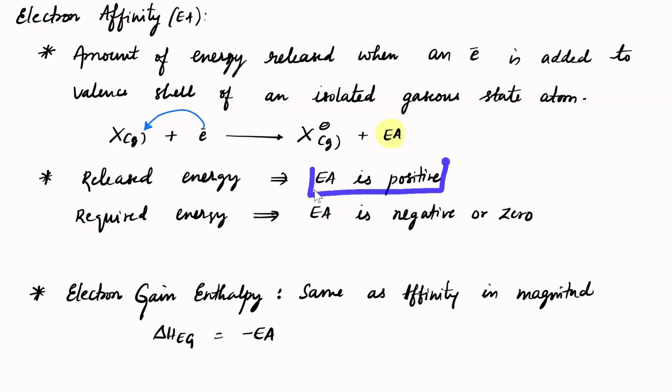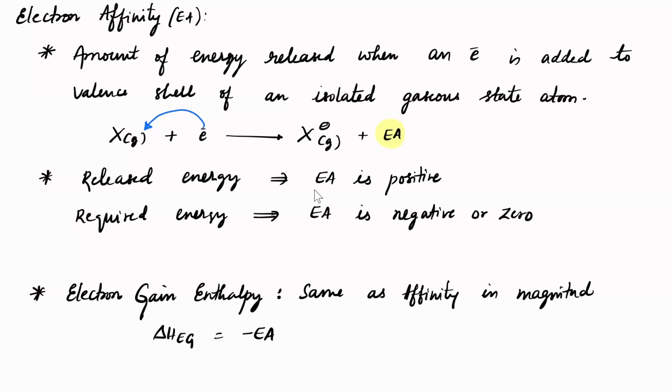By definition, electron affinity is a released energy, so it is positive. But when you write in thermodynamics, we do not use the word energy, rather we use the word enthalpy. As per thermodynamic convention, any energy that is released is called exothermic. And in any reaction or change in state, if energy is required, we call it endothermic.